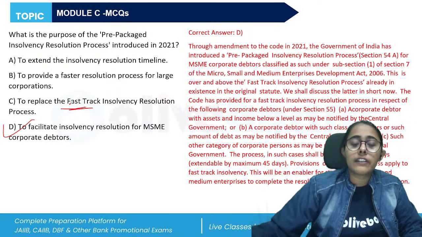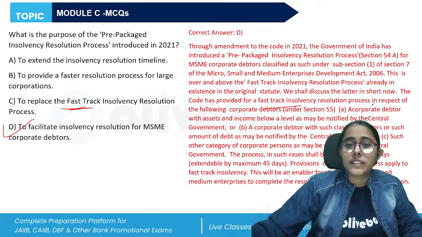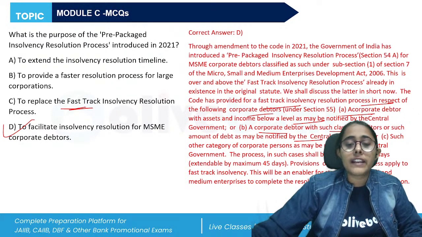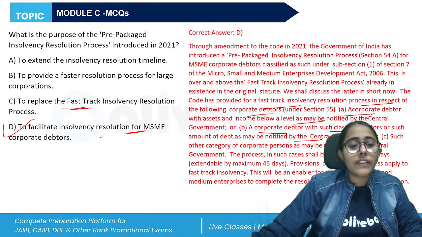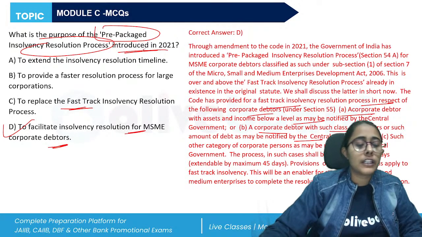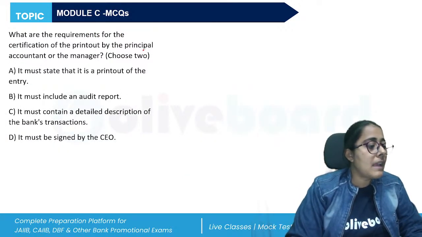The code has provided for a fast track insolvency resolution process in respect of the following corporate debtors: a corporate debtor notified by the central government, the income below a threshold, then the corporate debtor which has a class of creditors, again notified by the central government, or any other category. Apart from that, for the insolvency resolution of MSME corporate debtors, the pre-packaged insolvency resolution process was passed in 2021. So particularly for the MSME debtors.